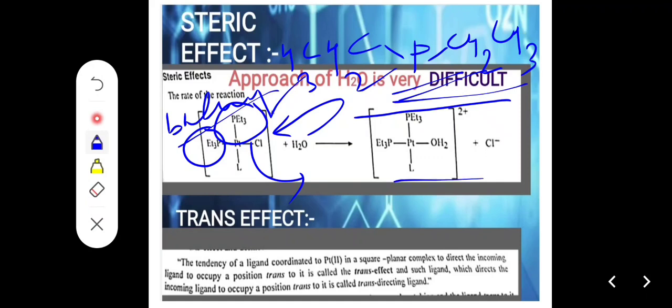Now trans effect. Trans effect is the tendency of a ligand coordinated to platinum 2 in a square planar complex to direct the incoming ligand to occupy a position trans to it.